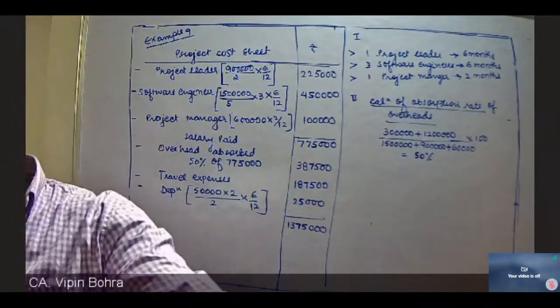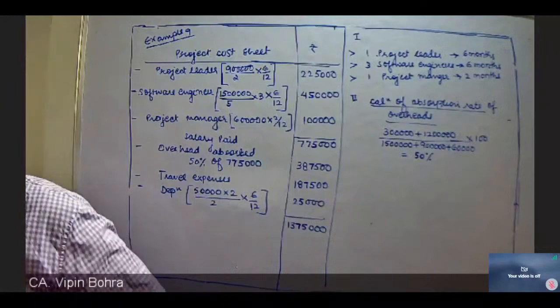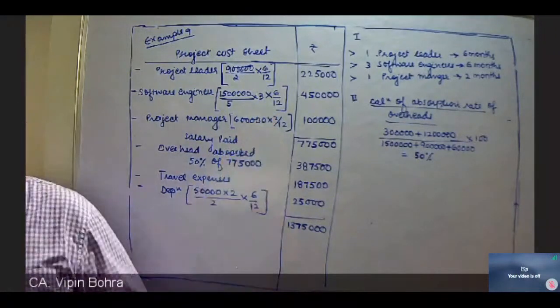I've taken the salary of project manager Abhilasha Singh from Jaipur. I've written here 6 lakh into 2 by 12.